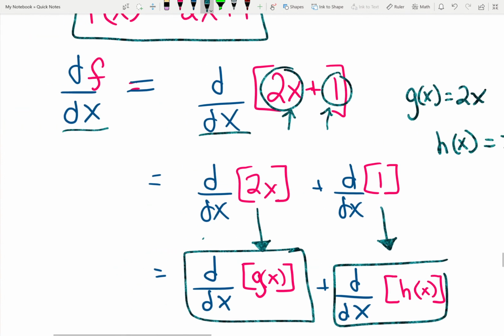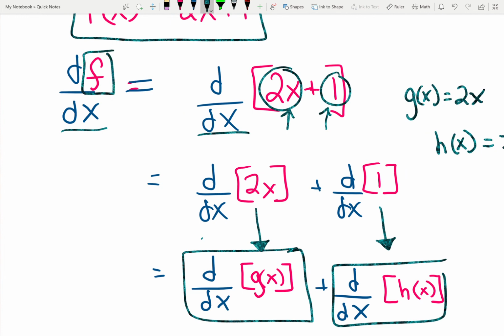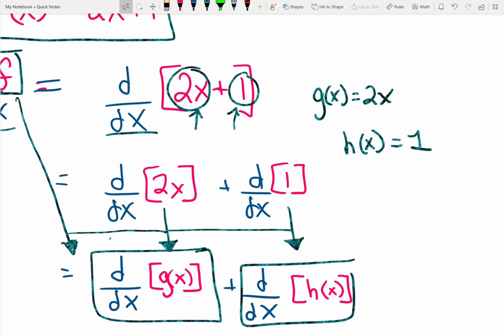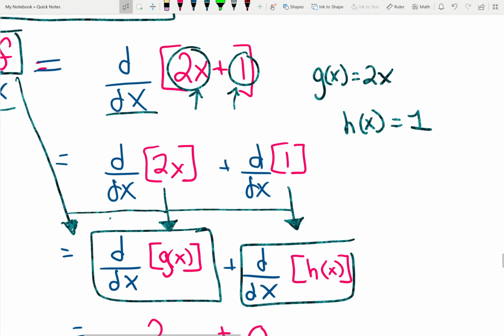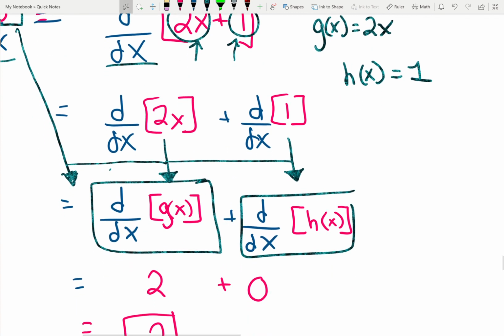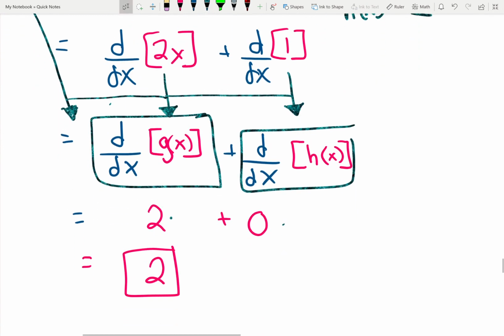So even though I'm differentiating f of x, I'm splitting it up into two parts, g of x and h of x. They're all connected like this. If I differentiate g of x, I get 2. And if I differentiate h of x, I get 0. And obviously 2 plus 0 is 2. So we're good, we're golden.